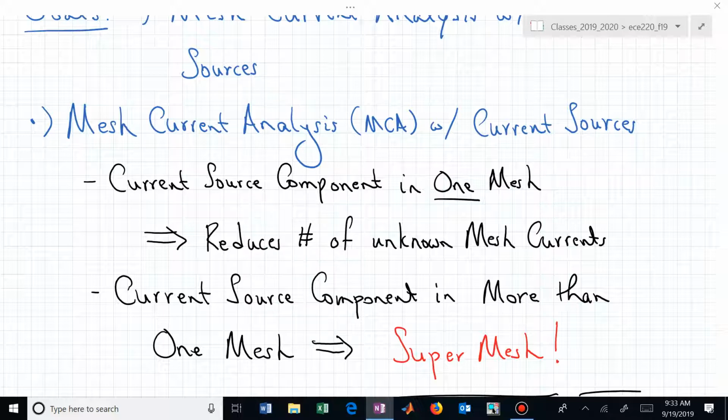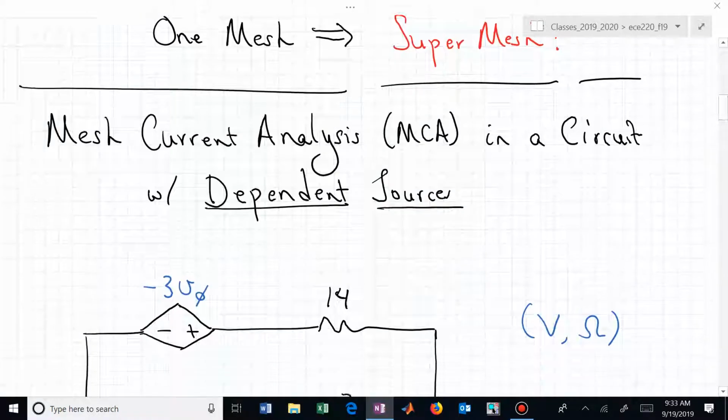If there's a current source component that is in more than one mesh, let's say it sees 2 different meshes, then we'll have to implement the supermesh idea to make our job a little bit more straightforward in terms of the analysis of a circuit involving that kind of a current source component.